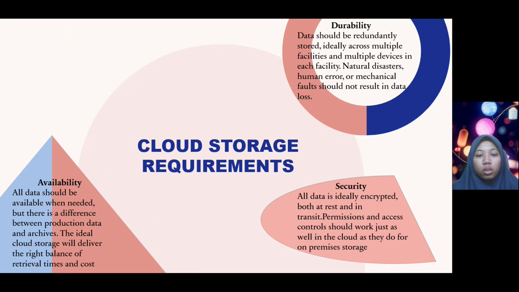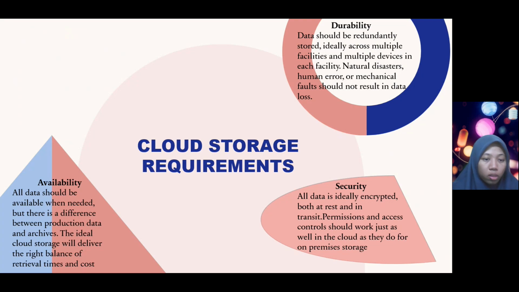Next is cloud storage requirements. Durability: data should be redundantly stored identically across multiple facilities and multiple devices in each facility. Natural disasters, human or mechanical faults should not result in data loss. Next, availability.